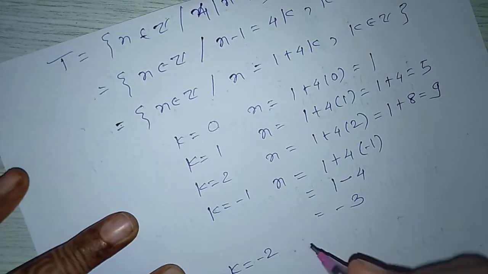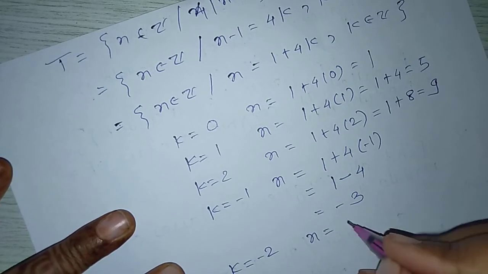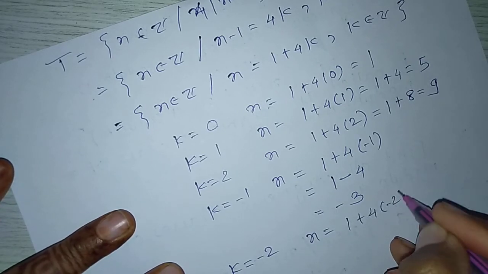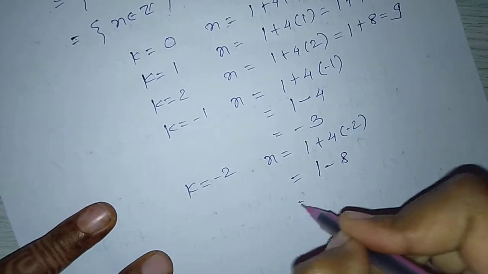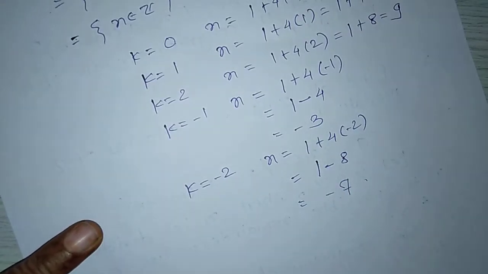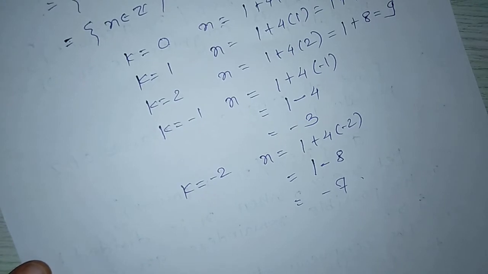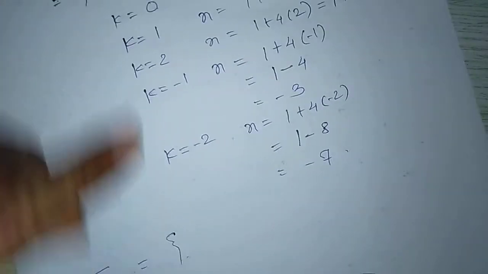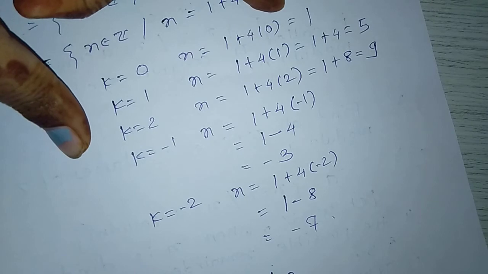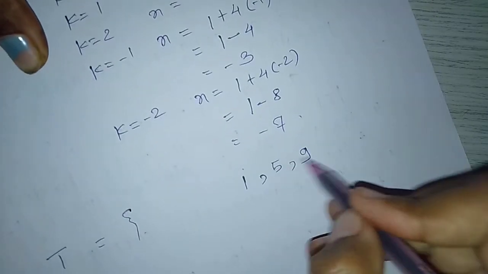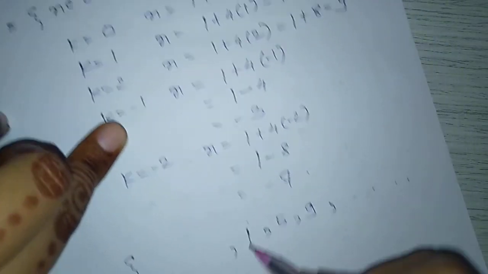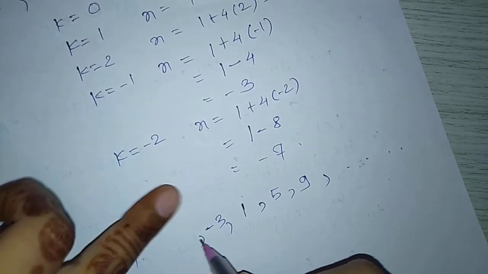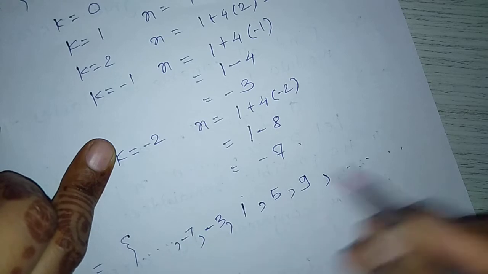If k equal to minus 2, we get x equal to 1 minus 8, which is minus 7. Therefore, 1 bar equal to the set of 1, 5, 9 and so on, and when k is negative, we get minus 3, minus 7 and so on.